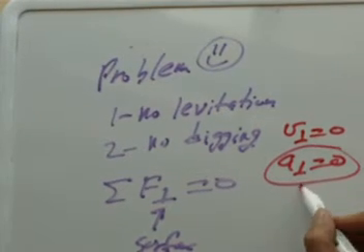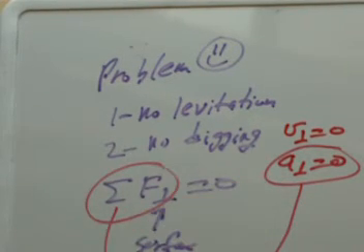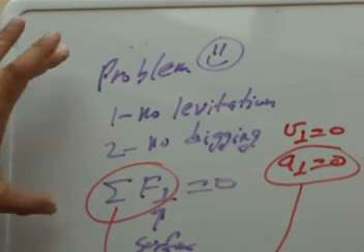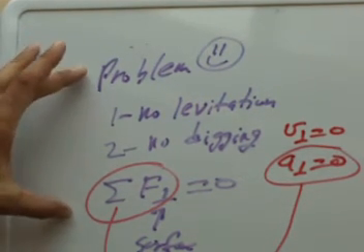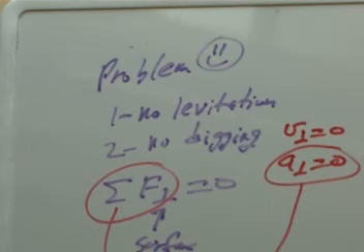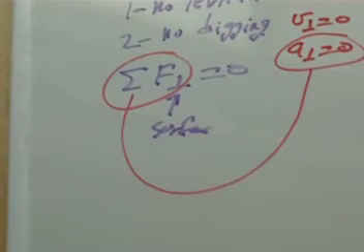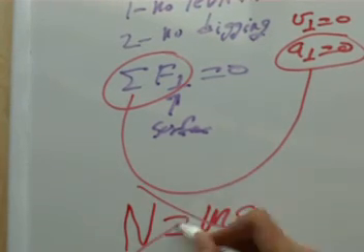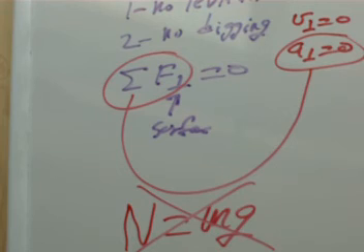And you can achieve this by ensuring that the sum of the forces is equal to 0. So this is the safest, most correct, and robust way to find the normal force in any situation. And lastly, if you walk around and the only thing you have in your mind is that the normal force is equal to mg, you're going to get yourself into trouble. It is sometimes, but not all the time.